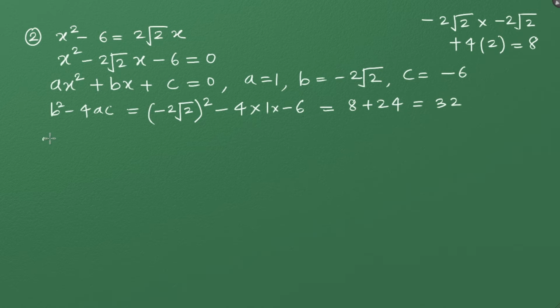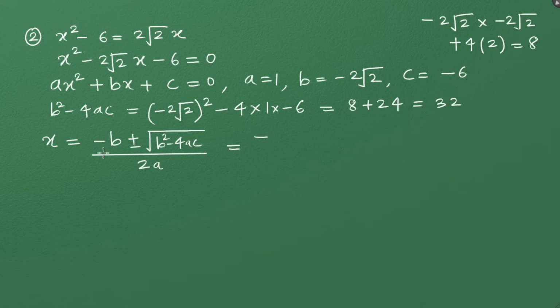32. The formula is x equals minus b plus minus square root of b square minus 4ac divided by 2a. Now let's substitute the value.